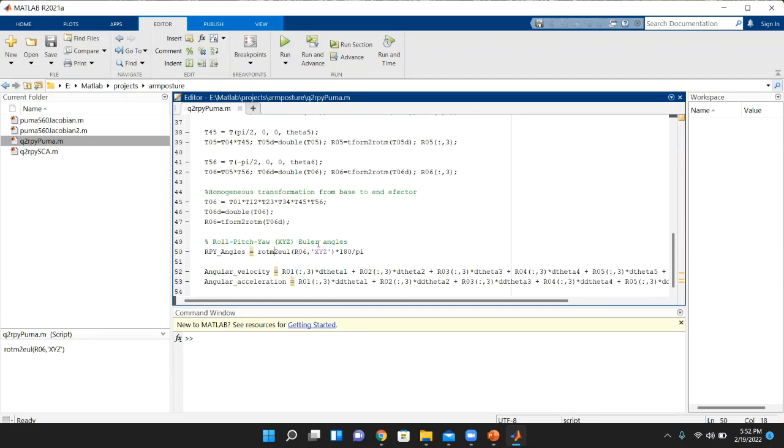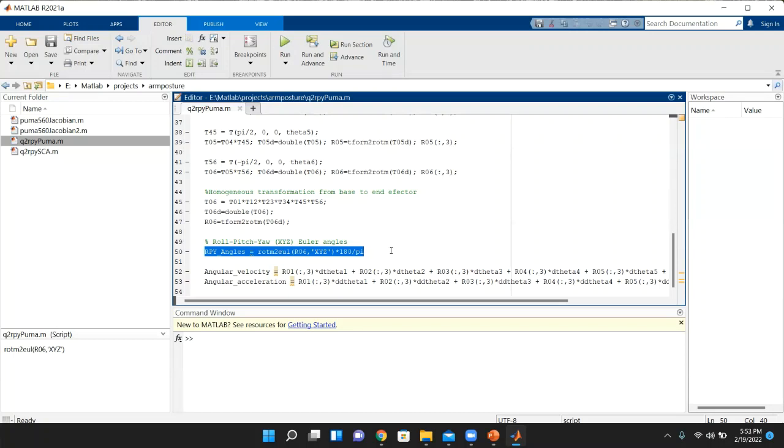Right. So this is a code I have written for something else, right? There I want you to pay your attention to this one. Look at this one.